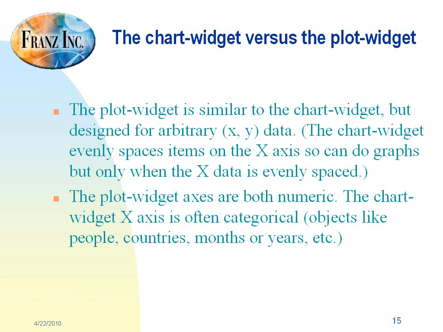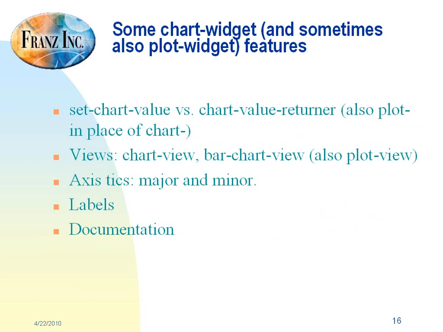In the chart widget, the x-axis data is more typically categorical than numeric. So you could have objects like people or countries or months and years, which are quasi-numeric, etc. The plot widget basically has numeric on both axes. So we're going to go over a few details that apply to the chart widget and the plot widget.